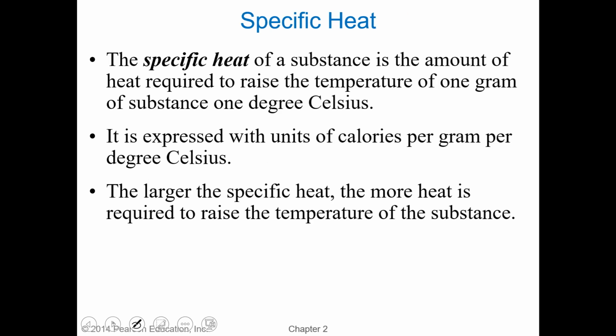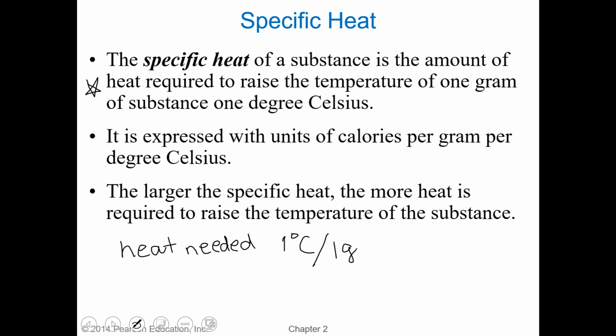And lastly, we're just going to talk about specific heat. Specific heat is really important. It's the amount of heat needed to raise the temperature of 1 gram of something by 1 degree Celsius. So how much heat is necessary to raise the temperature by 1 degree Celsius per 1 gram of whatever the substance is.